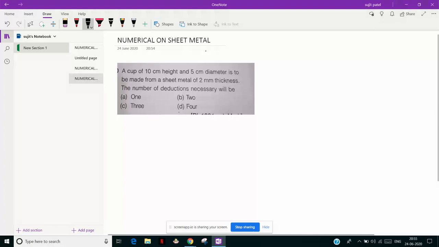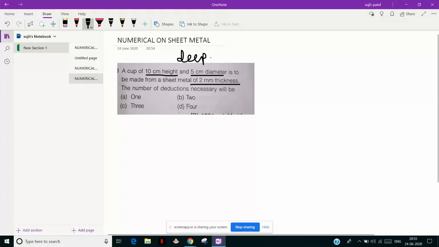So what question is given: a cup of 10 centimeter height and 5 centimeter diameter is to be made from sheet metal of 2 mm thickness. The number of deductions necessary will be, that means how many times you have to deep draw. This is the numerical of deep drawing.